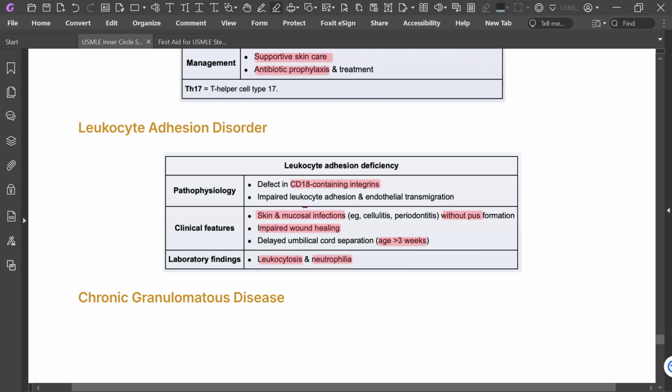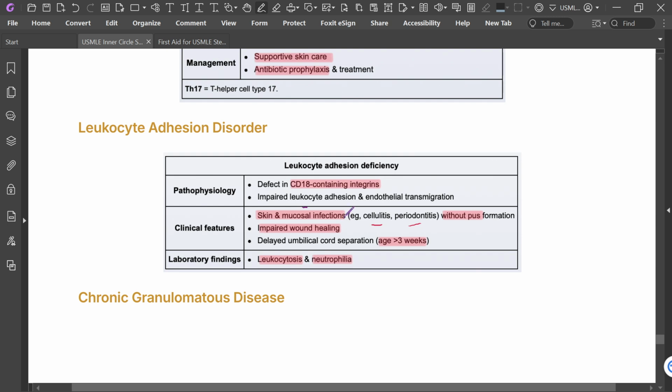If you look at this box, leukocyte adhesion deficiency: defect in CD18 containing integrins and impaired leukocyte adhesion and endothelial transmigration. There is skin and mucosal infection, cellulitis, there may be periodontitis, but without pus, main word, without pus.